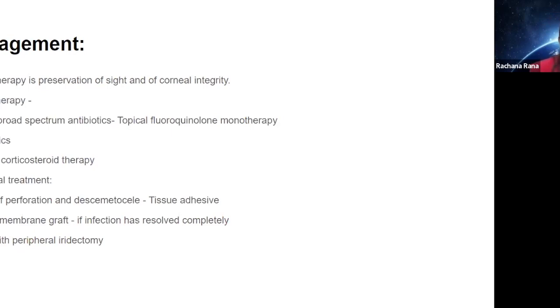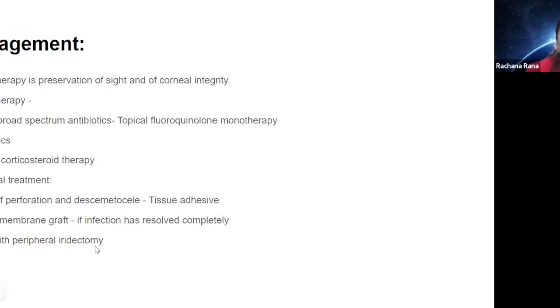For surgical treatment, for less than 2 millimeter perforation, cyanoacrylate tissue adhesive can be used. If there is non-healing, sometimes you use a conjunctival graft, pedicle graft, Gundersen flap also. If an amniotic membrane graft is available and the infection has resolved completely, we can use the amniotic graft.